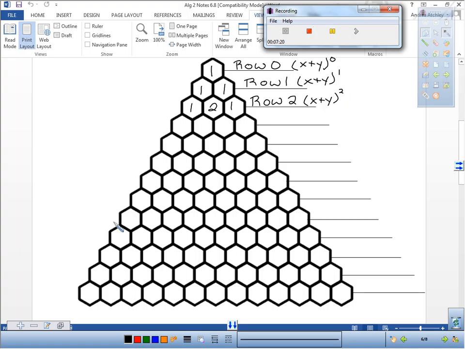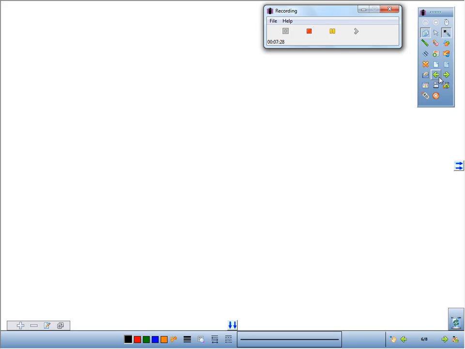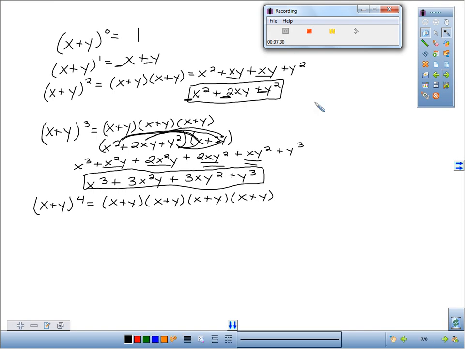Those are the coefficients when I square x plus y. One is the coefficient of the x squared, 2 is the coefficient of the middle term, and 1 is the coefficient of the y squared.